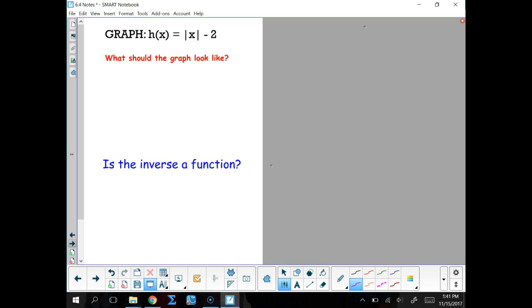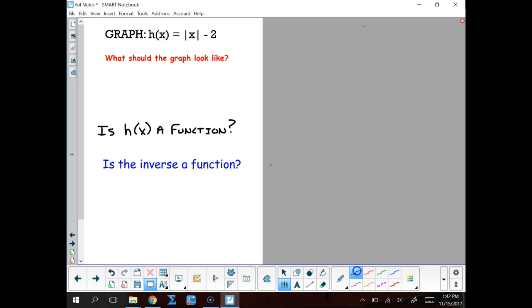What about this one? What should that one look like? Not a straight line.